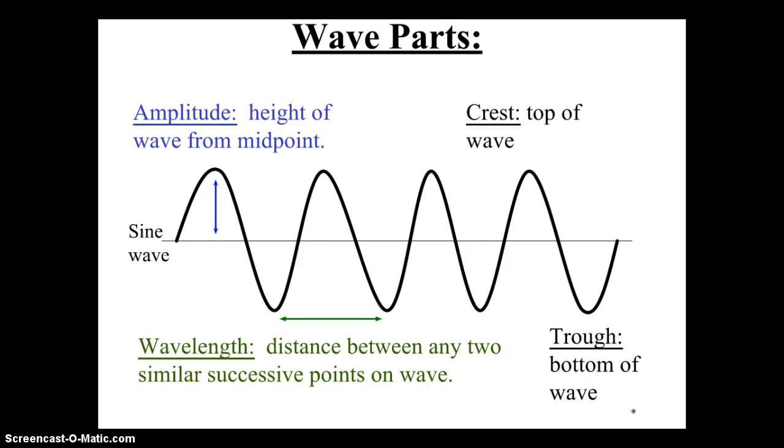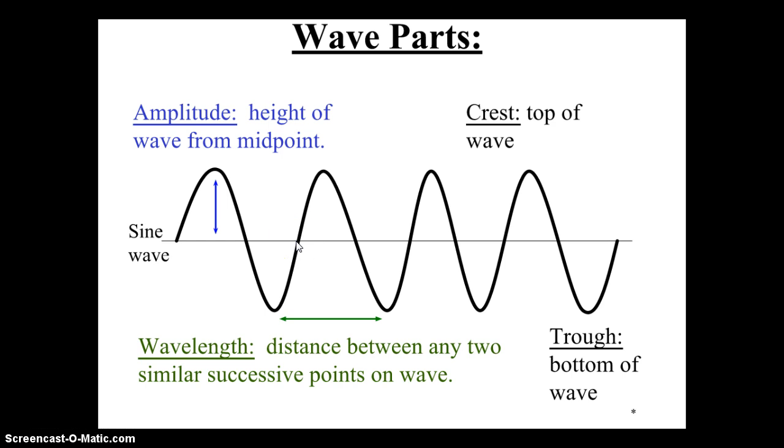What that means is that you could find the wavelength from crest to crest, because those are two similar successive points, trough to trough, or you could go from the equilibrium position, which is this line through the middle, from the equilibrium position as you go up to the crest, all the way to the equilibrium position as you're traveling up again. So again, the wavelength would be from this equilibrium position, we have half a wave there, another half there, and we have 1 full wave coming back up.